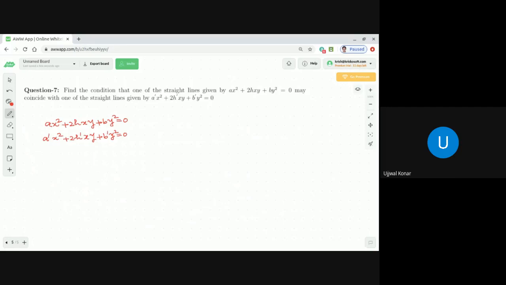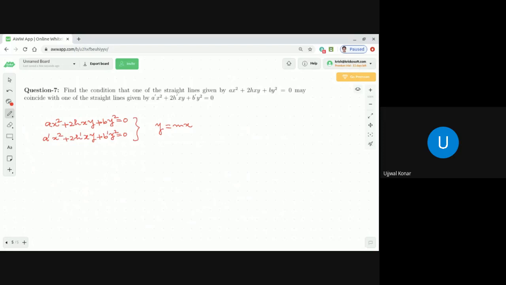So let's take that common straight line to be y equal to mx. If we take the common straight line as y equal to mx, then instead of y, we can write mx in both the equations.